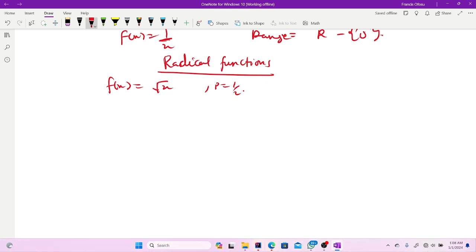For something like this, the domain gives us only non-negative real numbers, or you can say R plus, because square roots don't accept negative numbers in the real numbers domain. What will be our range? Our range will also be the set of non-negative real numbers, because it can't give a negative solution.